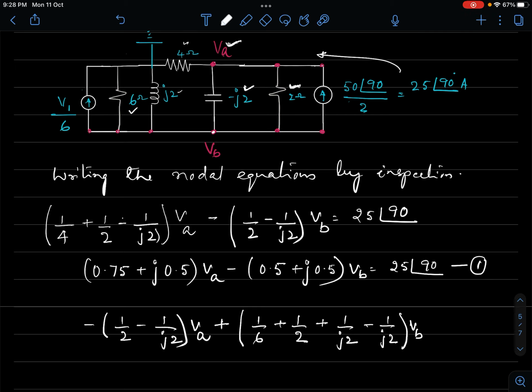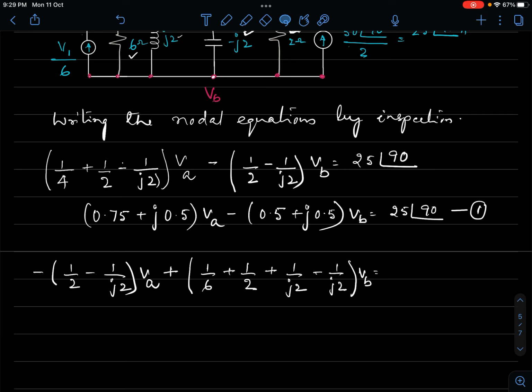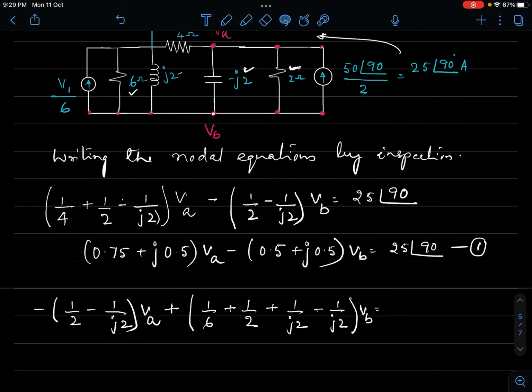This is equal to, how many current sources are there? How many currents are there? Incoming current. Okay, sum of the incoming currents. So incoming current is taken as a positive sign. I will take this a little on the side so that I'll get some space. Sum of the currents that are entering the node.